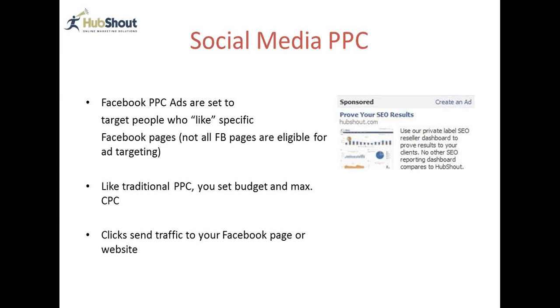You can't necessarily target company Facebook pages, but typically groups that are out there where people have joined various groups in Facebook, you can actually target people who have said, I like this group, or I'm interested in this group. And then you can overlay that.